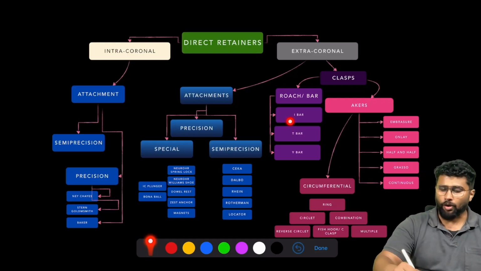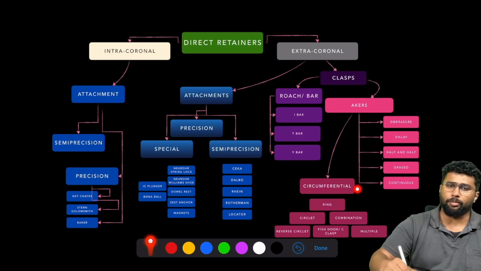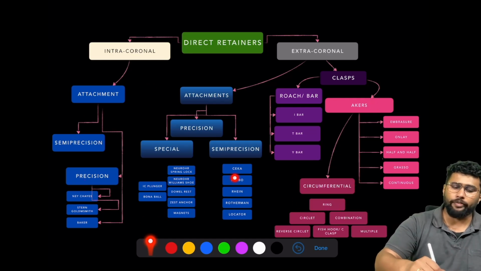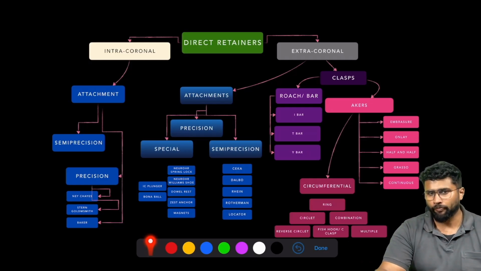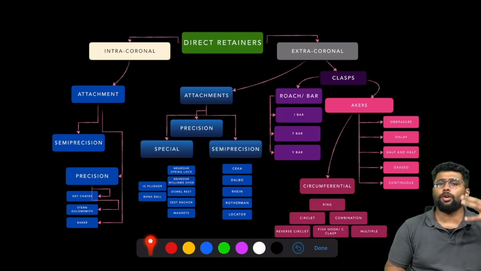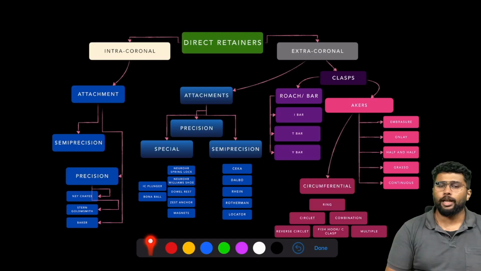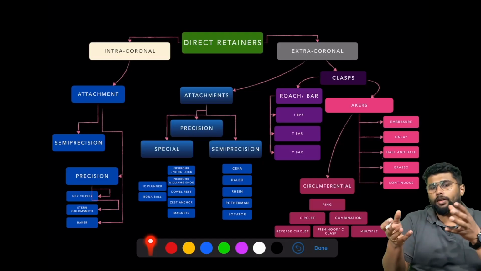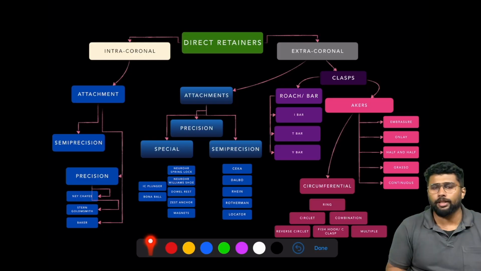So these are all the various types of clasps available, and these are all the different types of attachments that you might see. All of these could be used for holding on to the teeth or the mucosa and retaining your denture base.